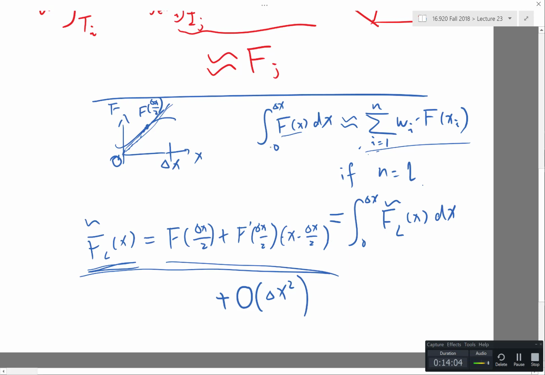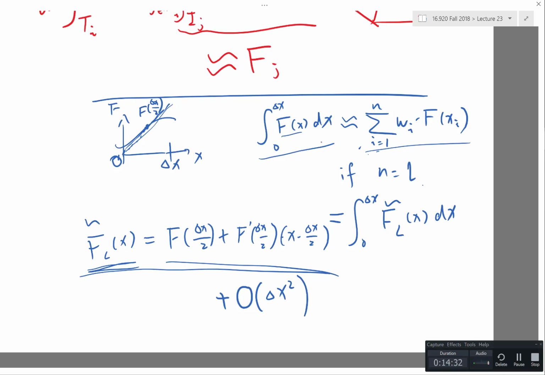And that means in order for us to approximate an integral over a small domain, how many points do we need in the Gauss quadrature? If we want a second order approximation for the integral, how many points do we need in the Gauss quadrature scheme?